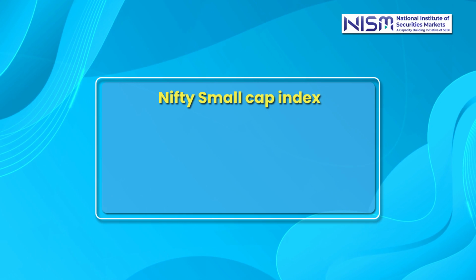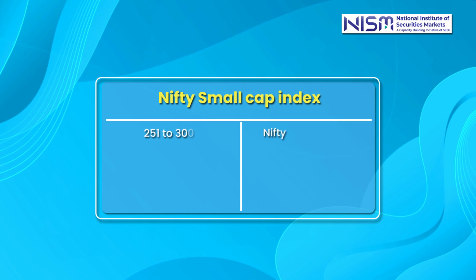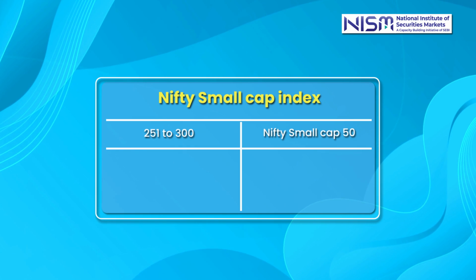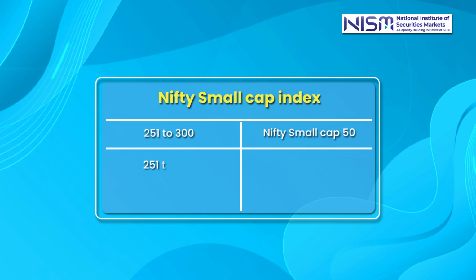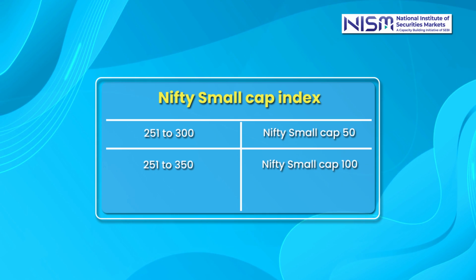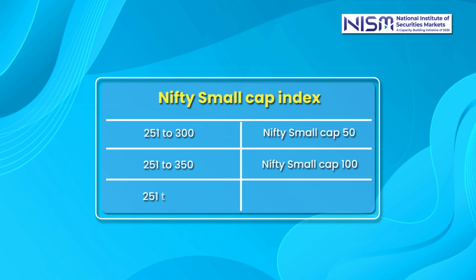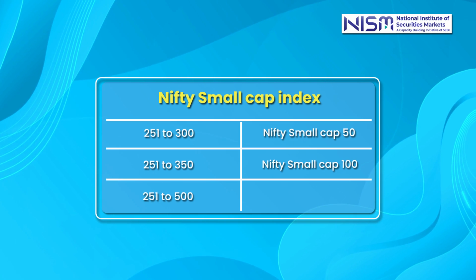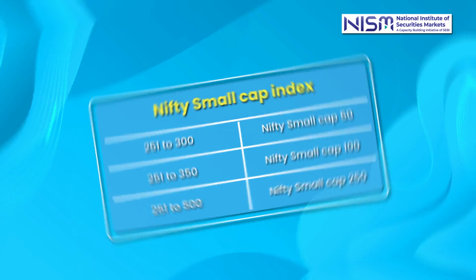Companies ranked from 251 to 300 are part of Nifty Small Cap 50. The next 100 companies, from 251 to 350, are part of Nifty Small Cap 100. And companies ranked from 251 to 500 are part of Nifty Small Cap 250.